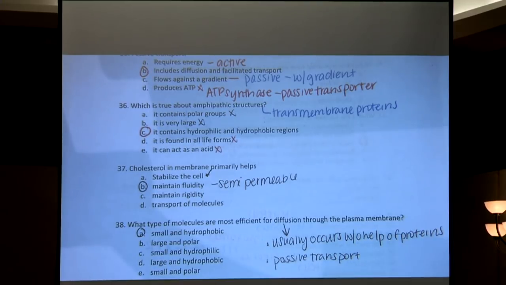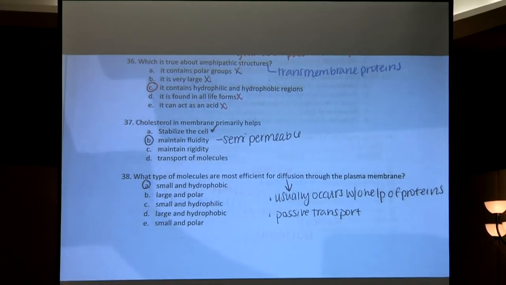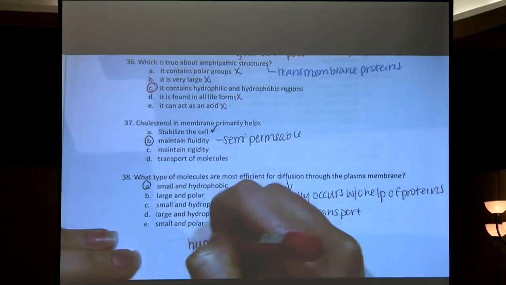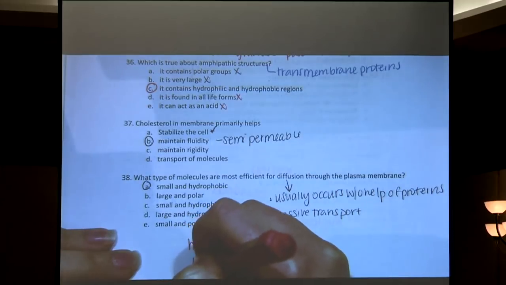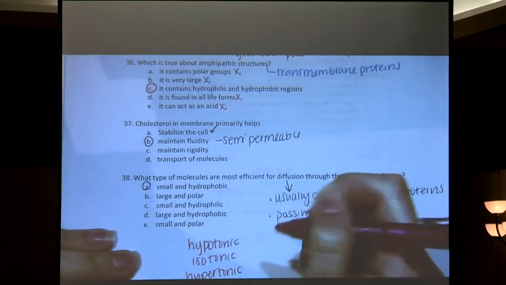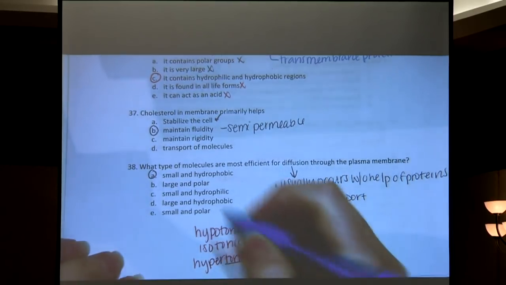She may throw a question in there asking you about different types of salinities. So just remember we had a few extra vocabulary words to refer to what type of solutions we had: our hypotonic, our isotonic, and our hypertonic. When it's saying hypertonic, what aspect of the solution is it referring to?